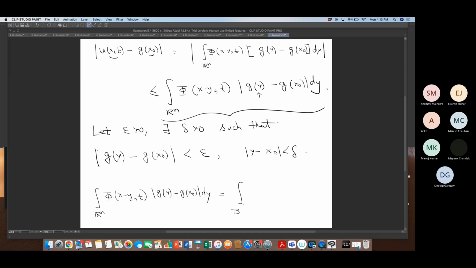One is the integral over B(x naught, delta), plus the integral over the complement of B(x naught, delta). So I make this Rn into two parts: one is B(x naught, delta), another is B(x naught, delta) complement. Is that clear?